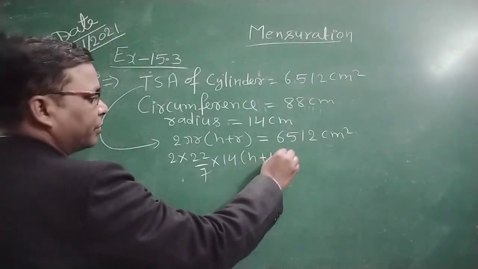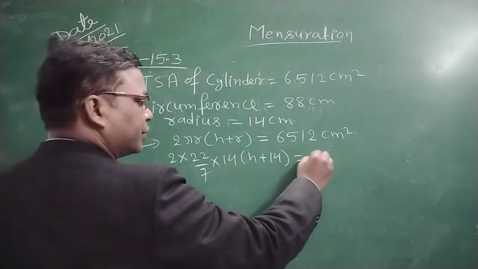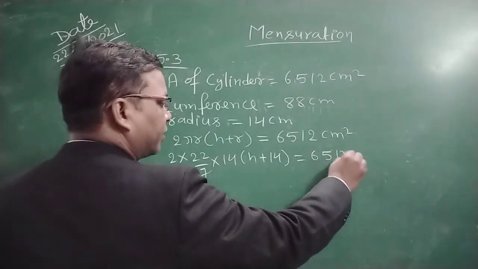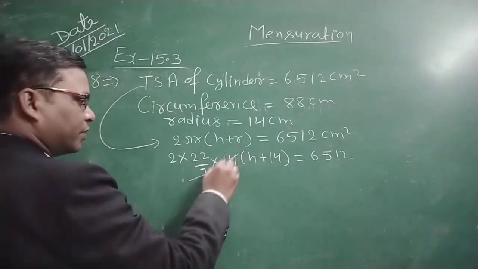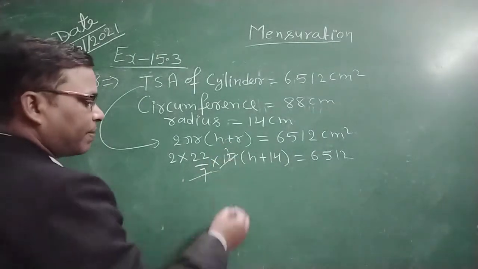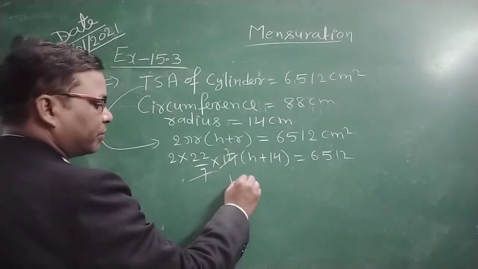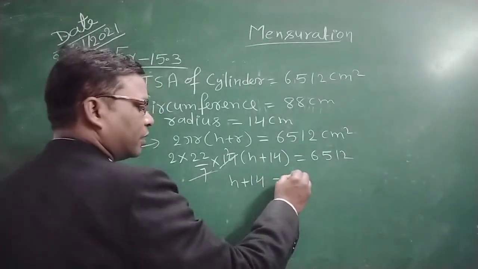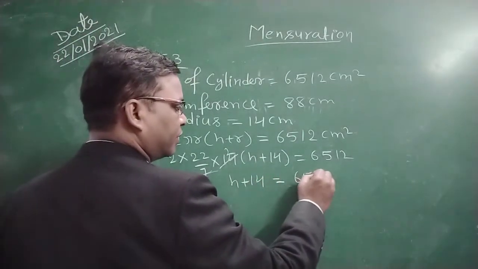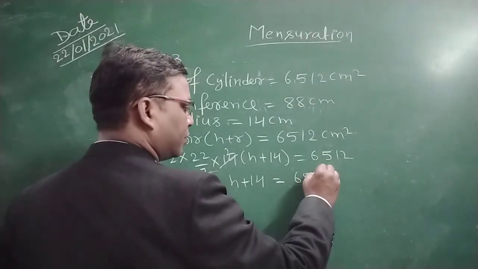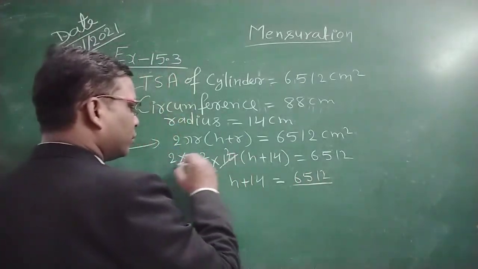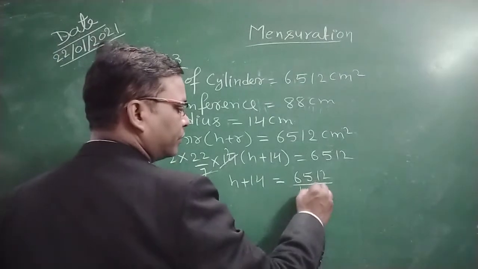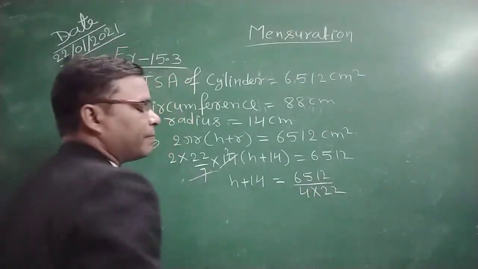So 2 into 22 by 7 into 14 into h plus 14 is equal to 6512. You can cancel 2 times. So h plus 14 is equal to 6512 by 4 into 22.